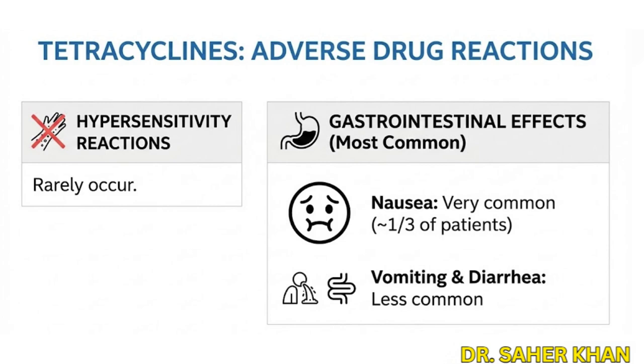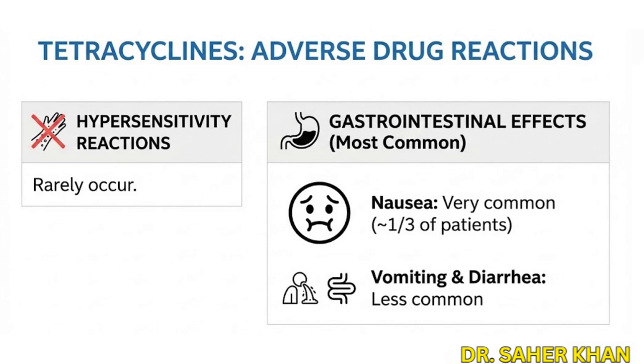Now, let us discuss the adverse drug reactions, which are very important to remember. First, hypersensitivity reactions can occur, but they are relatively rare with tetracyclines. The most common adverse effects are gastrointestinal. Among these, nausea is very common, occurring in about one third of patients.